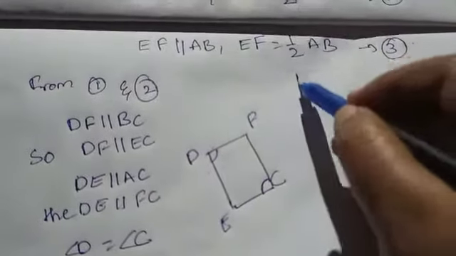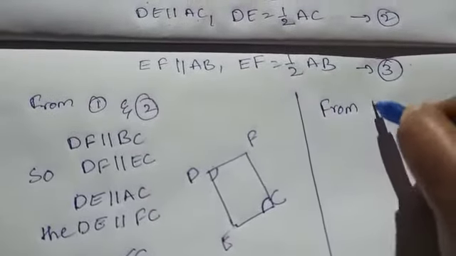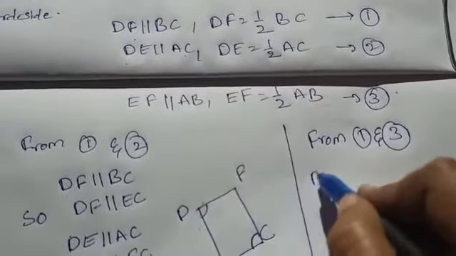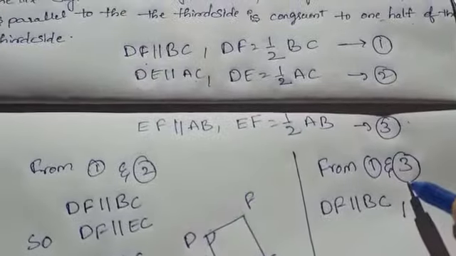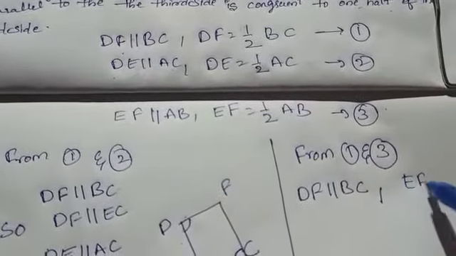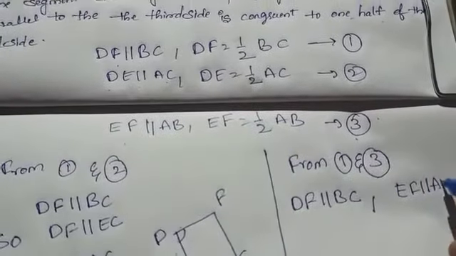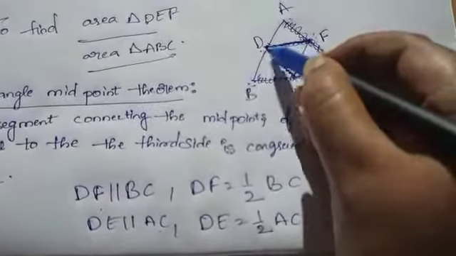In the same way, using equations 1 and 3, DF is parallel to BC, and from equation 3, EF is parallel to AB.